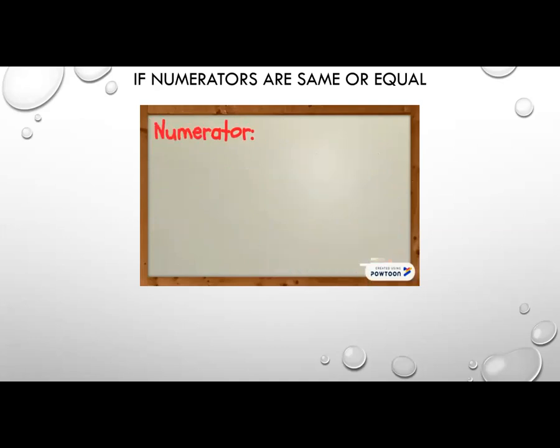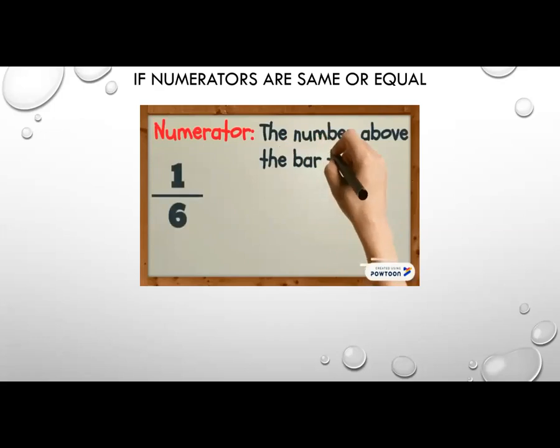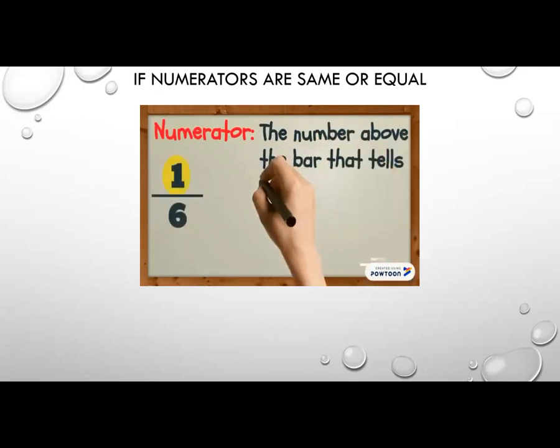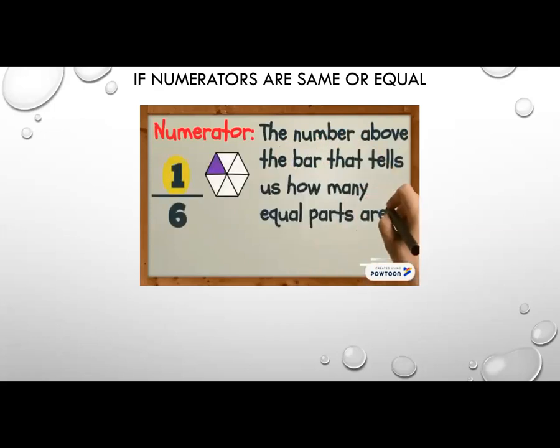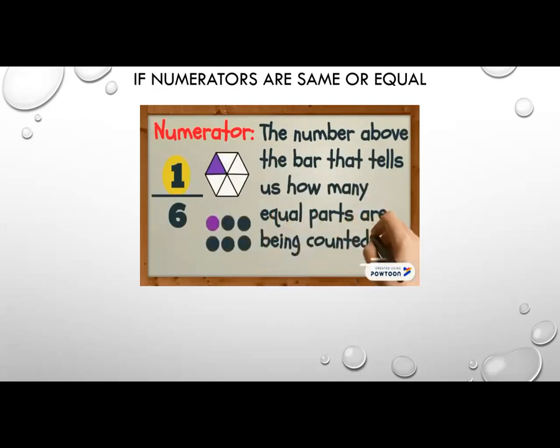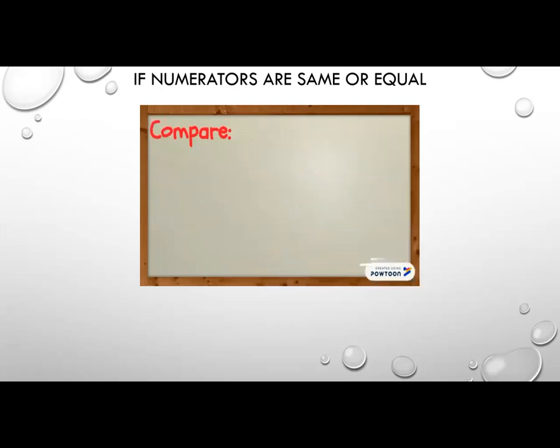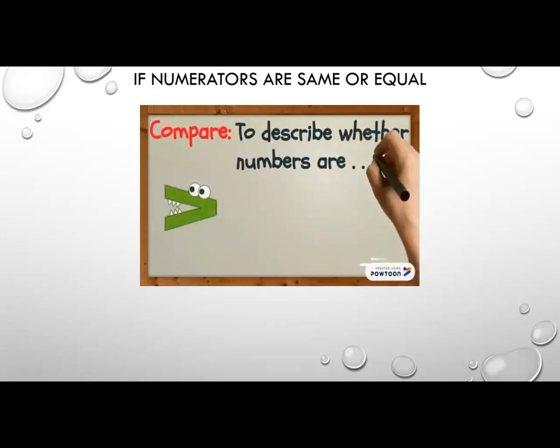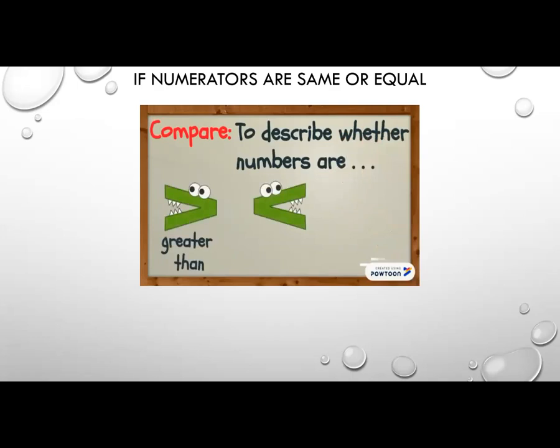Numerator is the number above the bar that tells us how many equal parts are being counted. Compare means to describe whether numbers are greater than, less than, or equal to one another.